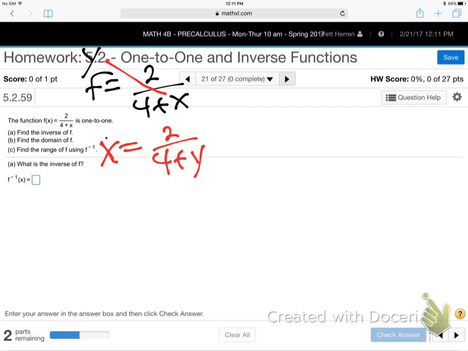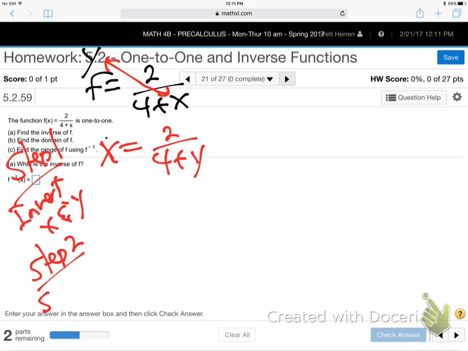So x and y swap. Step 1. Invert or switch x and y. We did. We switched x and y. And then what's step 2? Solve for y. So now solve that for y.